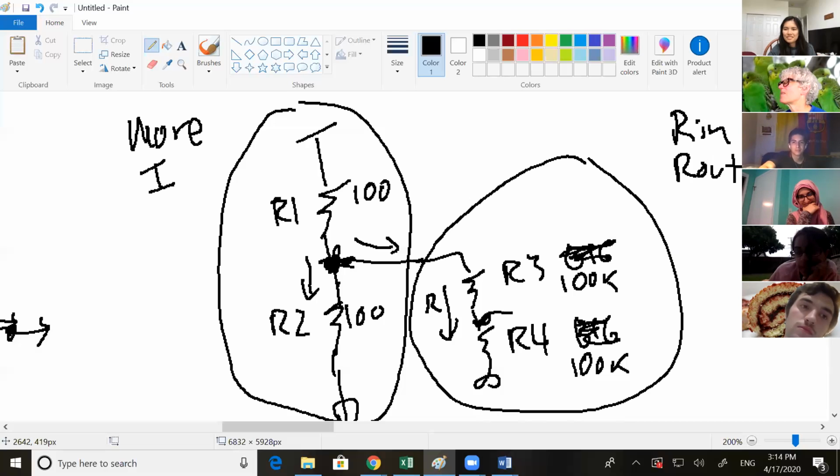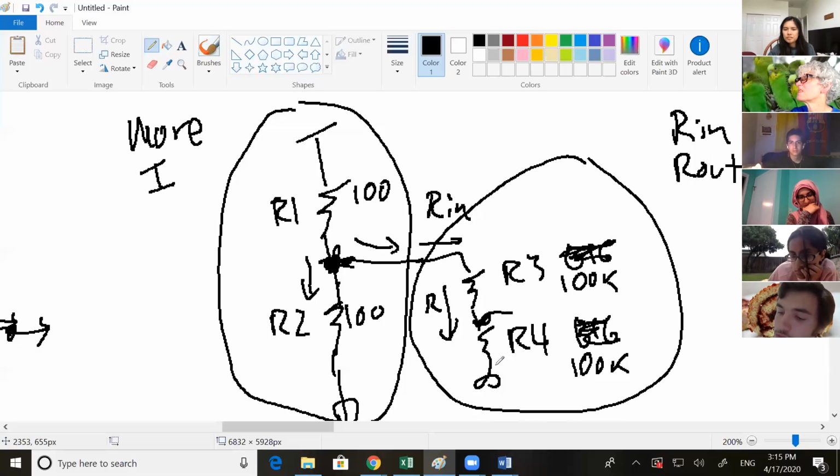The idea of R in and R out, and when you made these big, you made the R in here large. When you change both of these to say 100K, now the R in is large. So what happens to the current going through this direction? It's going to want to go not that way. Exactly.